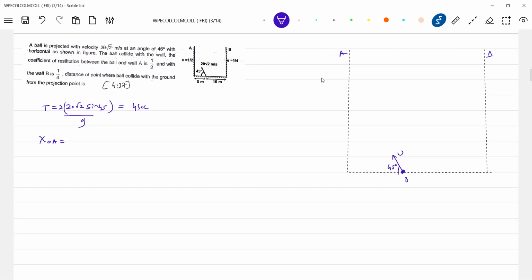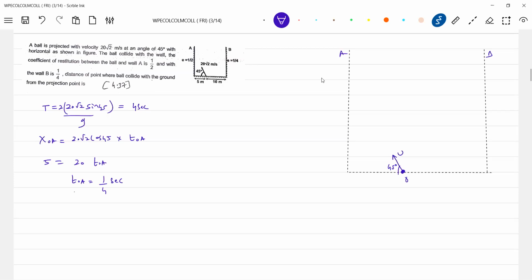We know X_OA should be equal to the horizontal component of velocity, 20 root 2 cos 45, into T_OA. So we know X_OA is 5. This will be 20. 0.25 seconds is what it will take to reach the wall.